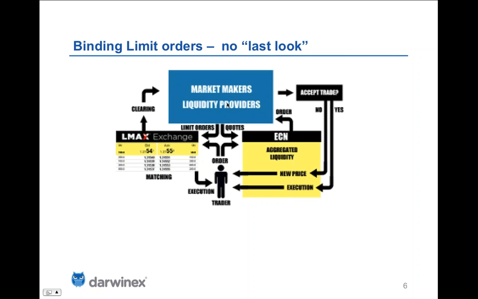And then whenever something has been matched, there is no possibility for either of the two parties to a transaction to backtrack and say, you know what, actually the market price has moved against me, or I've got too much risk long the euro dollar, or whatever, I can't honor the promise of the order that I had made.